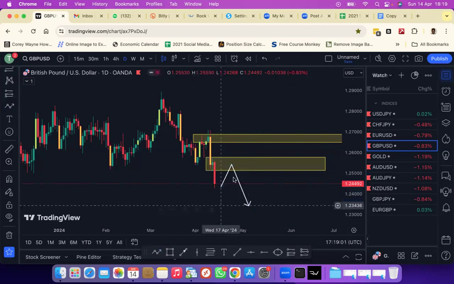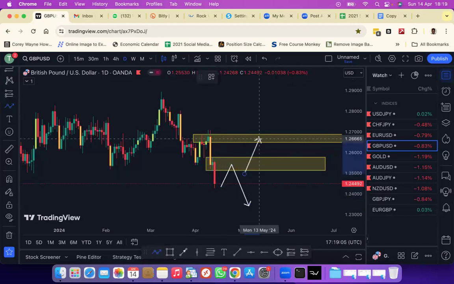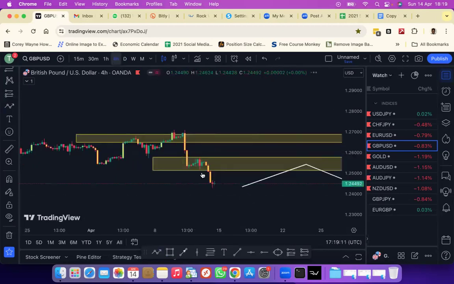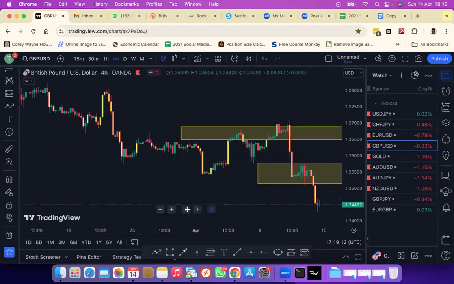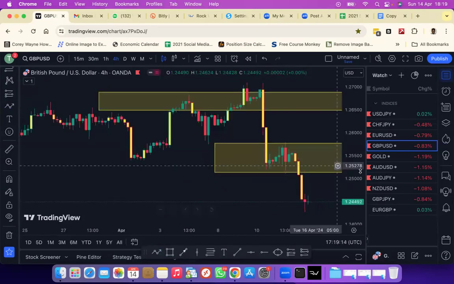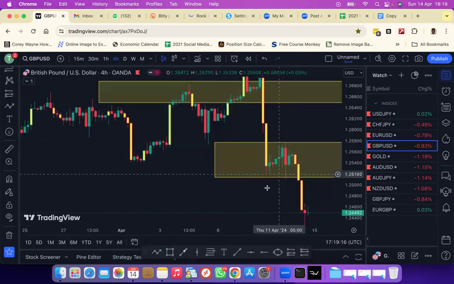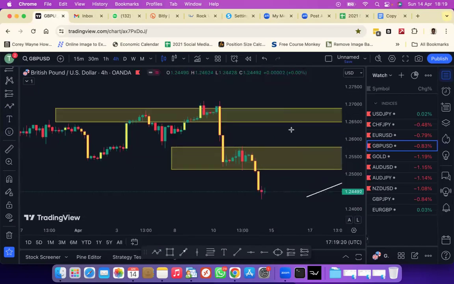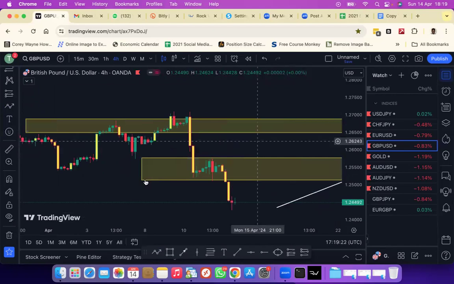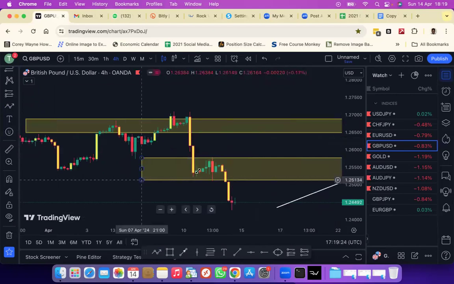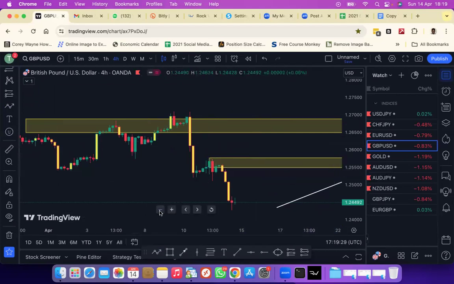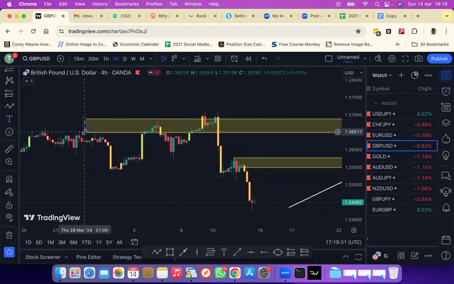Okay, so we have one here. We have another one here. Now let's get more confirmations on the 4-hour time frame and refine our entry zones. So on a 4-hour time frame, refining this supply zone, over here is where we want to look for sell opportunities.